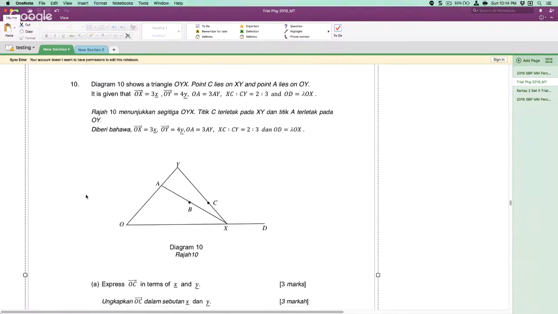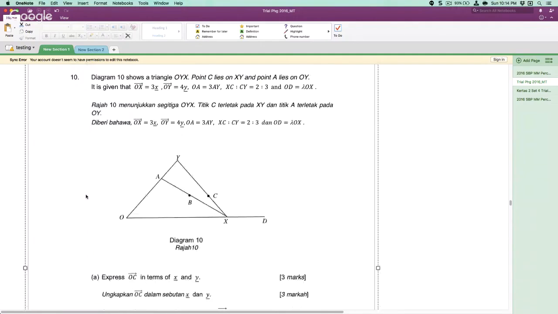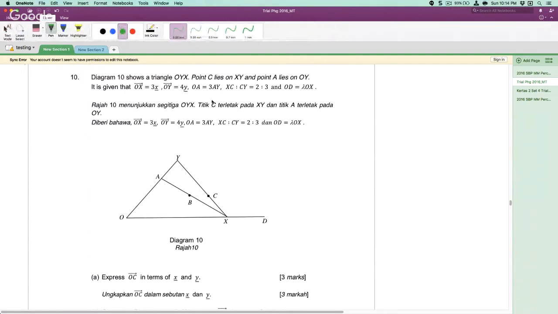Okay, this vector question, it's not too bad. First thing is we know OX equals 3x, so I will write 3x here, which is OX. OY equals 4y, and OA equals 3AY. So I will solve this one first.